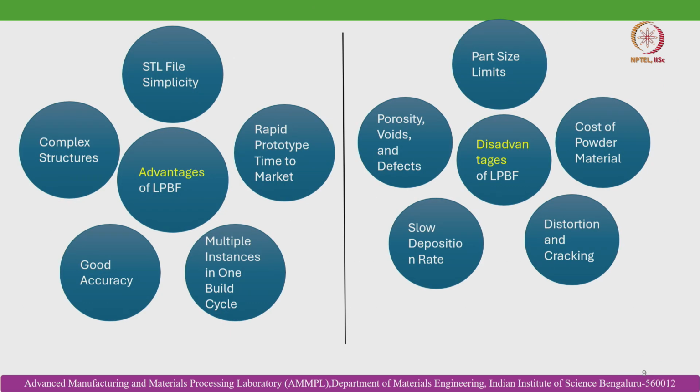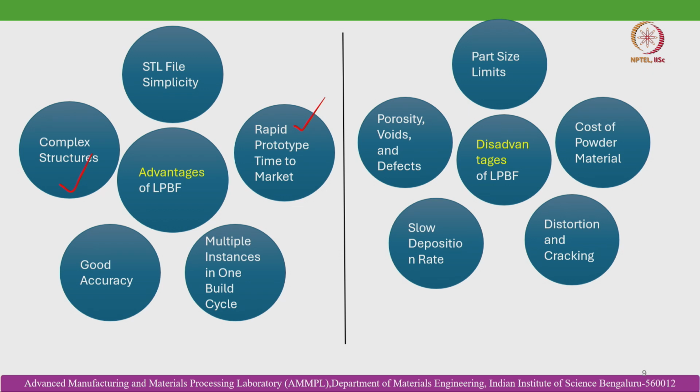So now let us summarize the advantages and disadvantages of LPBF. The advantages are complex structures can be developed, and rapid prototyping and time to market. That means there are many stages in other conventional manufacturing techniques, which we have discussed in detail within the scope of this course. You can see that additive manufacturing, specifically LPBF, can be done directly, without going through many intermediate steps.